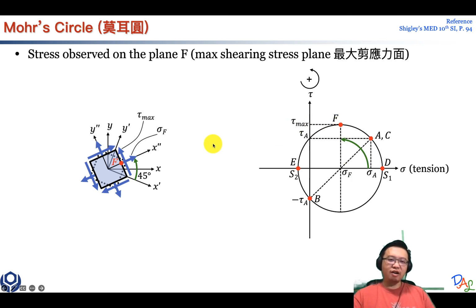At this position F is having the largest shear, but it's still having some normal stress. From F, if you rotate 90 degrees here, you are rotating 180 degrees down to here. It's still having the same shear, but in the other direction. So the shearing forces have the same magnitude, and the normal stresses have the same magnitude.